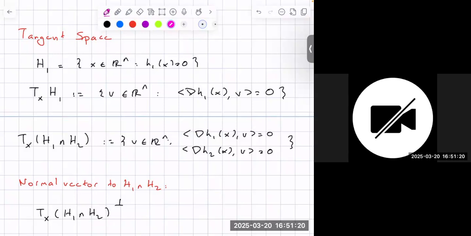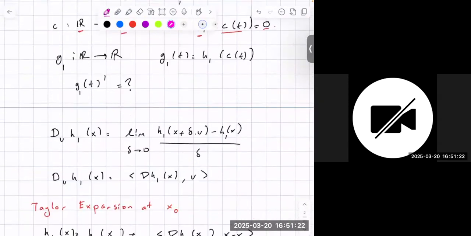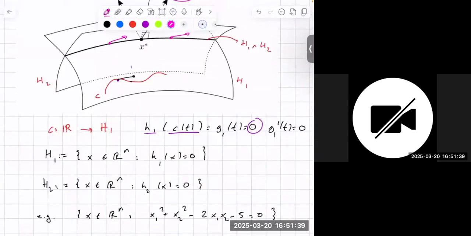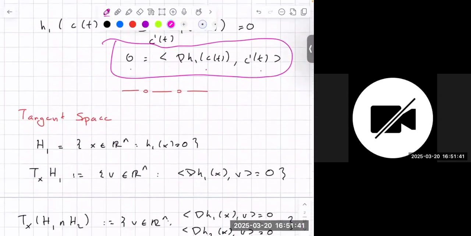Now, if I want to talk about what the tangents would be if I'm only caring about the stuff on this intersection, what are those vectors right here? Those vectors are orthogonal to both directions, both to this and that. Right? So that's their common tangent space. Okay, very good.